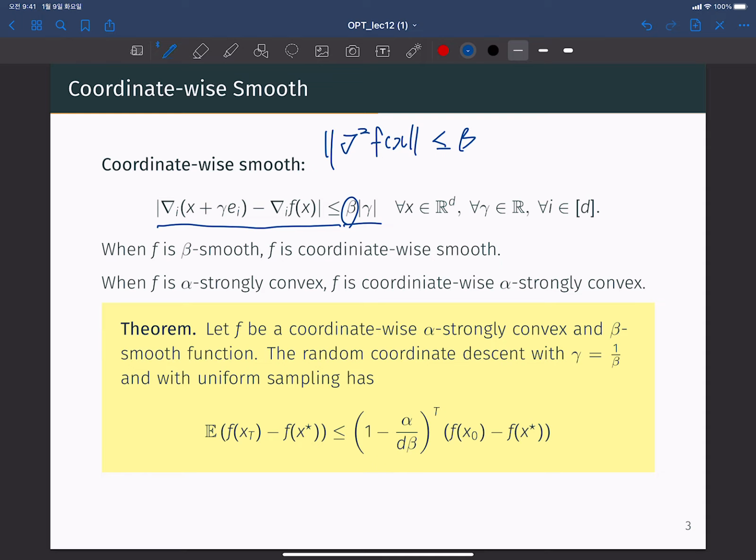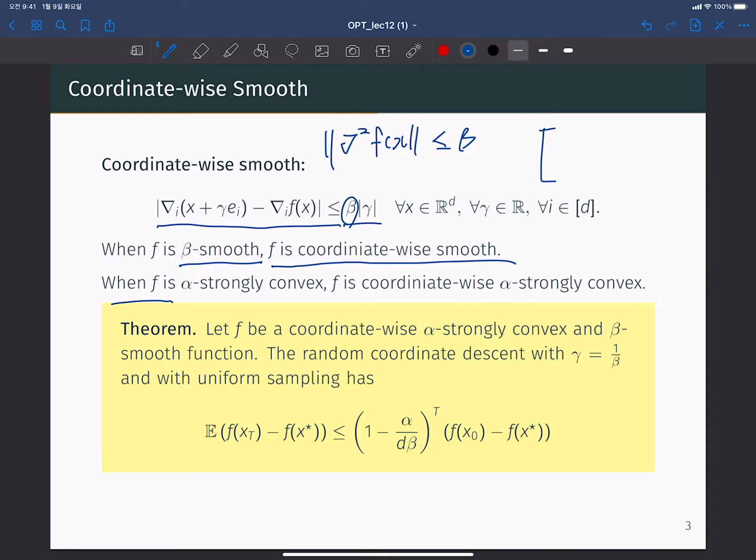When f is beta smooth, f is also coordinate-wise smooth, and when f is alpha-strongly convex, f is also coordinate-wise alpha-strongly convex. Coordinate-wise smooth and alpha-strongly convex means that even if you just look at one specific axis, your objective function is also smooth and alpha-strongly convex. And this is quite a natural thing.